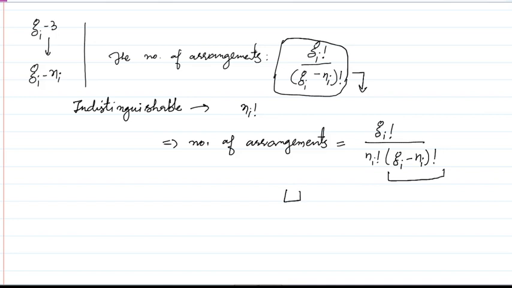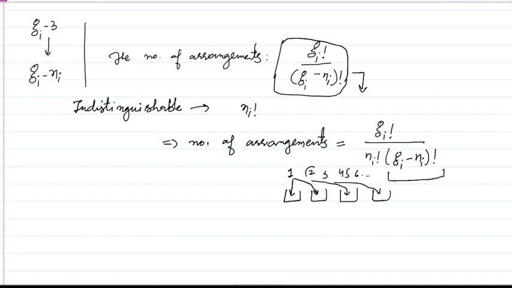We can understand this Gi minus Ni with a very simple case. Suppose we consider these as energy states or cells, and we have particles, particle number 1, 2, 3, 4, 5, 6 and so on. The first particle can go in any of the states, that means Gi.